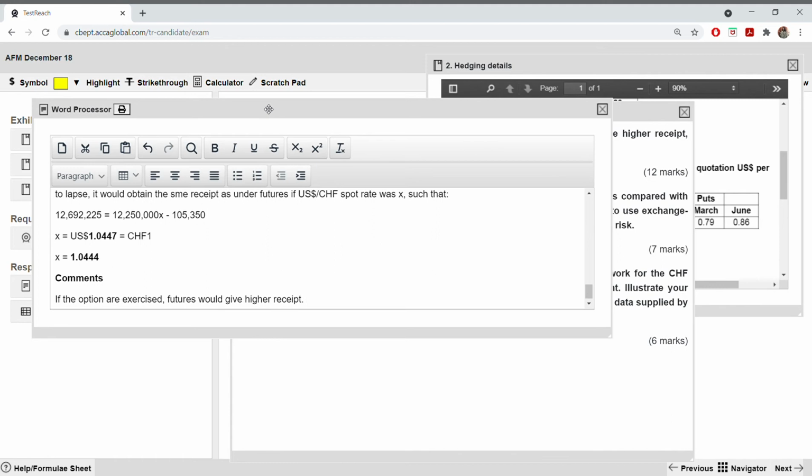Now you have to say why the option is giving you the lower receipt. See, the requirement itself is for 12 marks, so you have to write plenty in the comments. It's not just one line that the receipt is highest when the option is not exercised, therefore we should not exercise the option and go for the future. You cannot say it in one or two lines like this. You have to give why something is giving a higher receipt or a lower receipt. So options give a lower receipt.